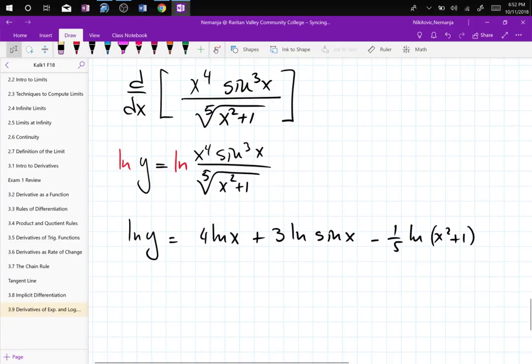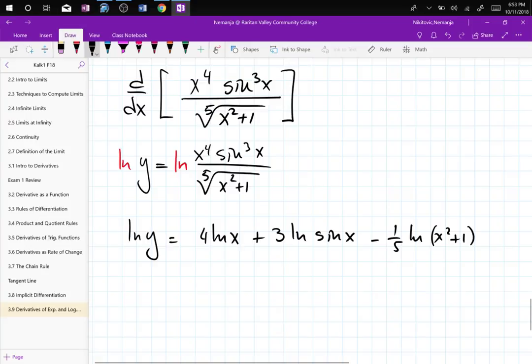So these are the expansions, those formulas that we used. Note that all of the exponents are in front of ln's, because x to the p becomes p ln x, right? So all of the exponents are in front of ln's, and you have the 4th exponent and the 3 and 1/5. And then all of the terms that were in the numerator are positive. All of the terms that are in the denominator are negative. That's also rules 1 and 2.